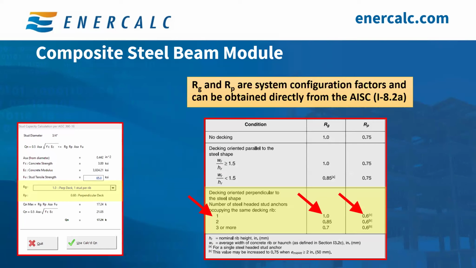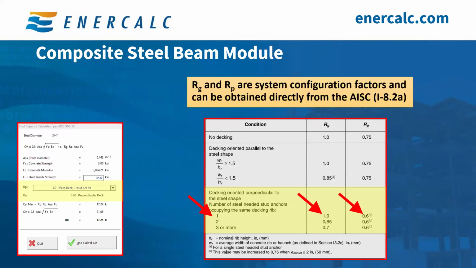And there is a footnote. That's the case with any reference or any code that we see nowadays. There's always a footnote, and this is no exception. There's a footnote for the RP value that could possibly increase the RP factor from 0.6 to 0.75, but we're not examining this footnote and we're not considering it, so we're just using the 0.6.